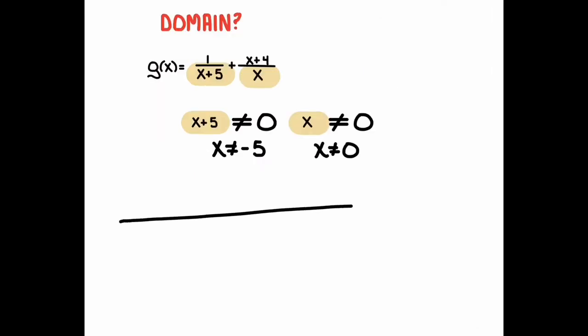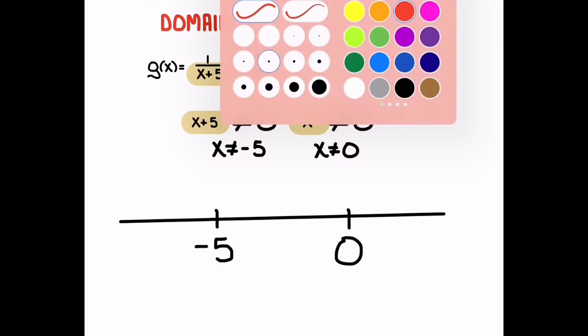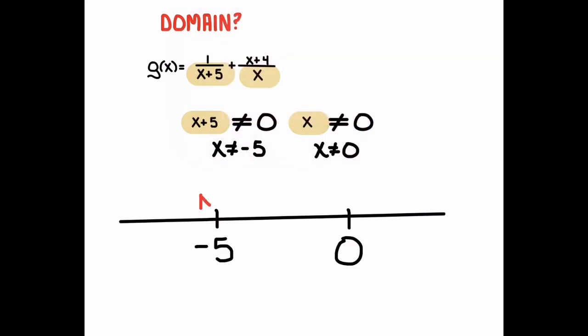Taking a closer look at how we're going to write this in interval notation, I'm going to put 0 and negative 5 on the number line, and then we're going to leave out the numbers negative 5 and 0, but we can use everything to the left of negative 5, in between negative 5 and 0, and after 0.